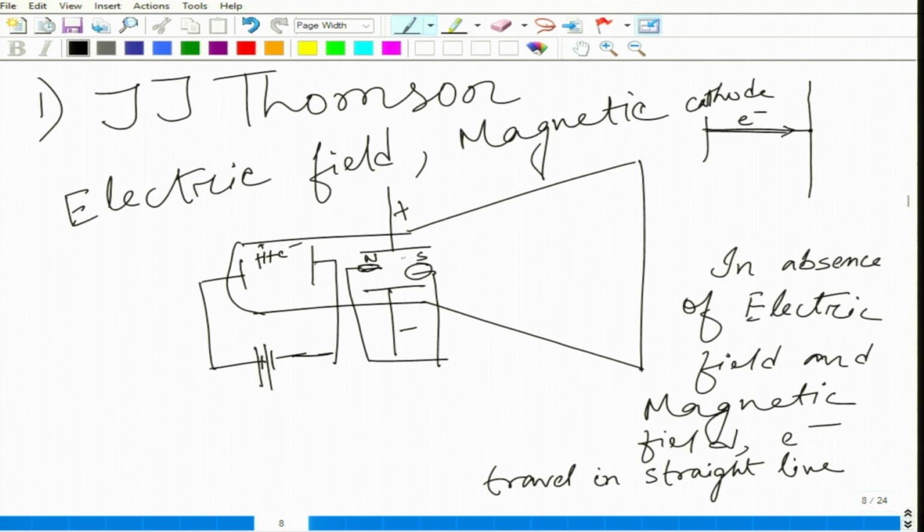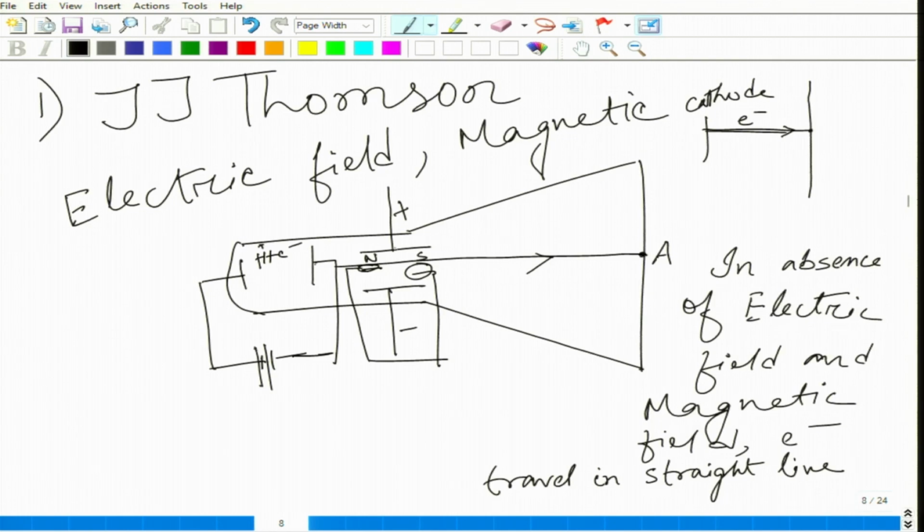So, in the absence of these two fields, the electron beam will come in a straight line and suppose it will hit this spot A.